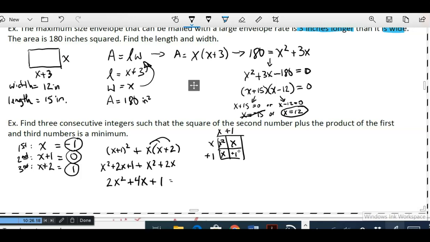And then just to try it back in the idea that 3 consecutive integers such that the square of the second number, that'd be 0 squared, plus the product of the first and the third numbers, that'd be 1 times negative 1, which would be negative 1, would be a minimum of negative 1. And that's how you would go through and do this kind of problem.